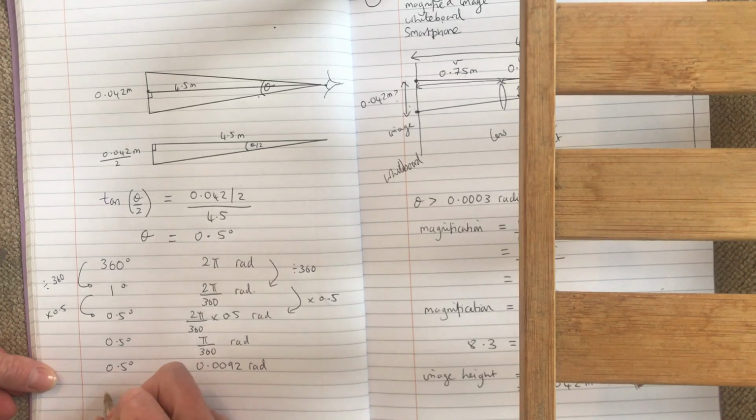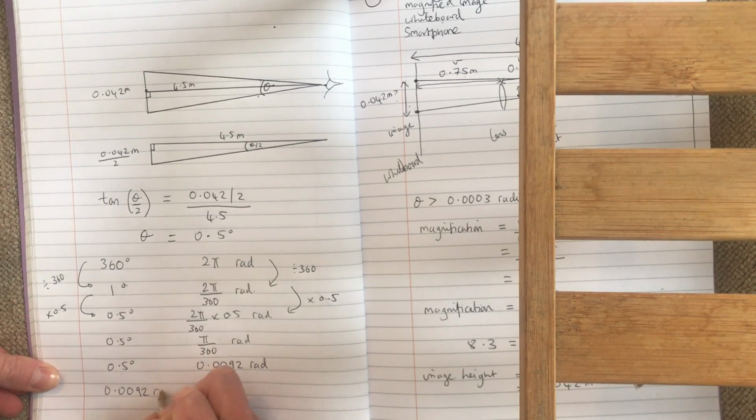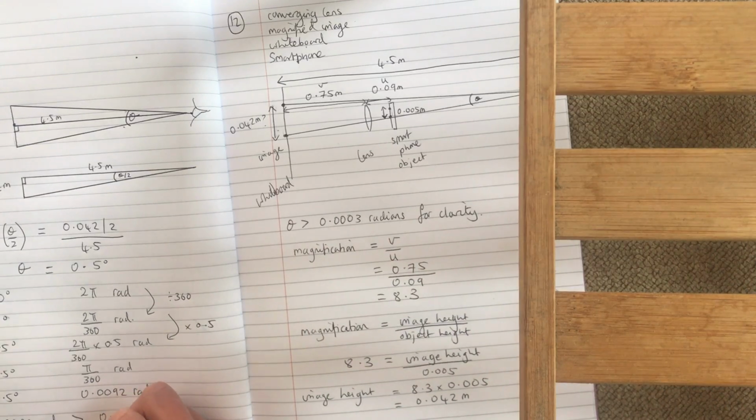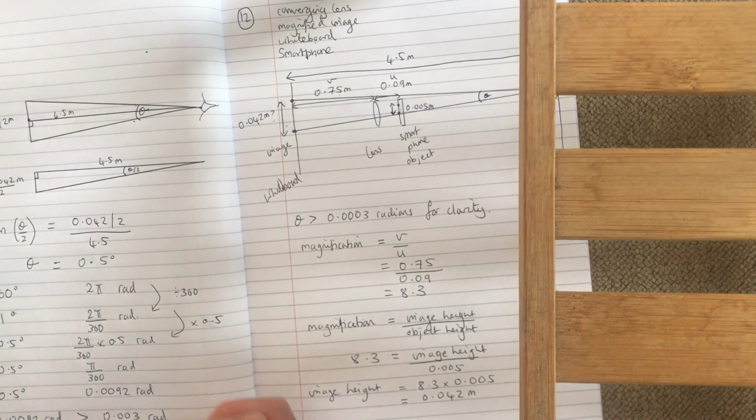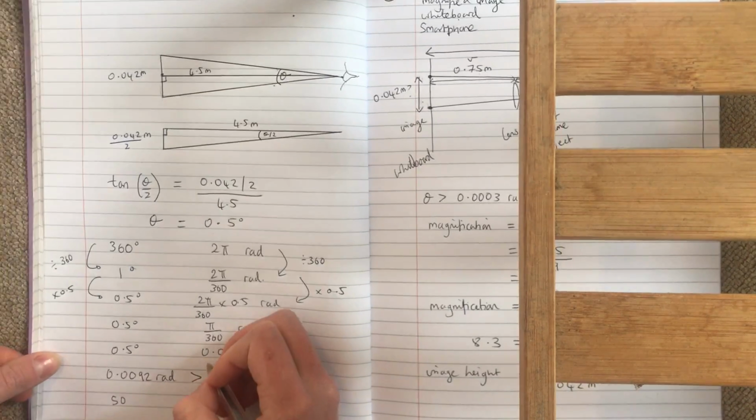Now 0.0092 radians is greater than 0.003 radians. So what do we have?